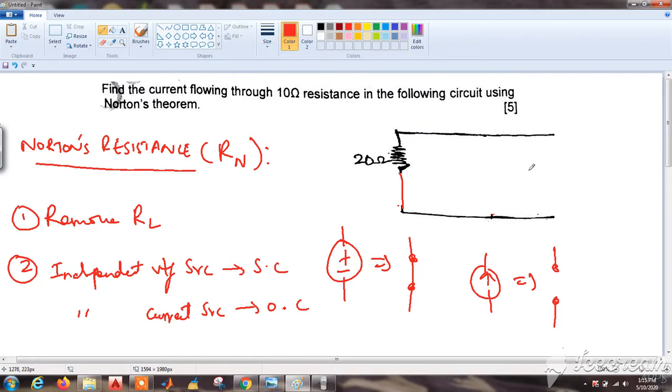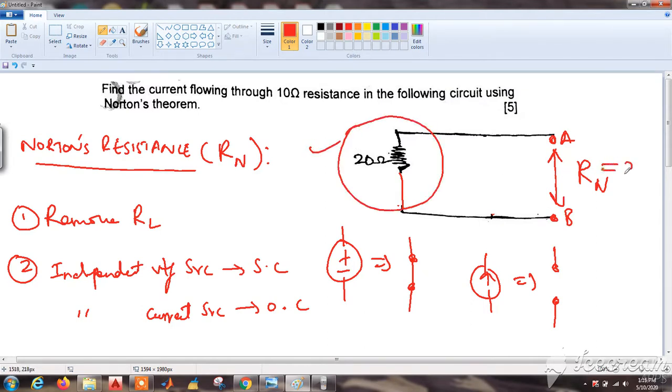Now we have to solve for Rn across these terminals. We can call this AB. So we have to find the equivalent resistance across these terminals, and we can see that only one resistance is there, that is 20 ohms. So our Rn is equal to 20 ohms.